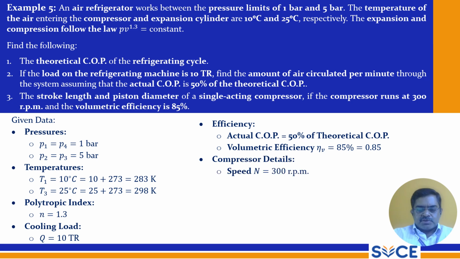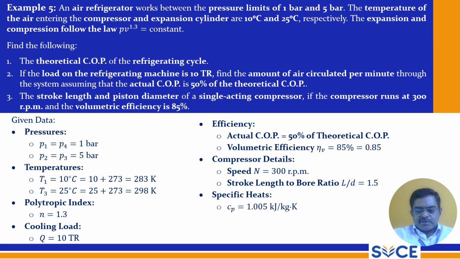And we have compressor details: N equal to 300 RPM, stroke length to bore ratio L by D equal to 1.5. Specific heats: Cp equal to 1.005 kilojoules per kg Kelvin, Cv equal to 0.71 kilojoules per kg Kelvin. So these are the available data, students.